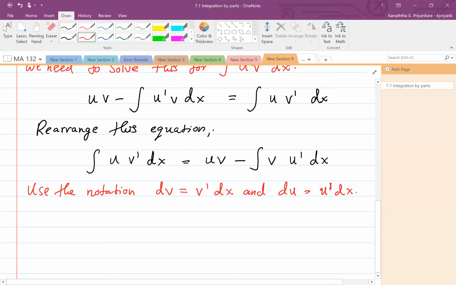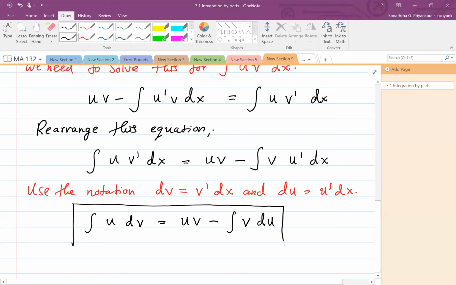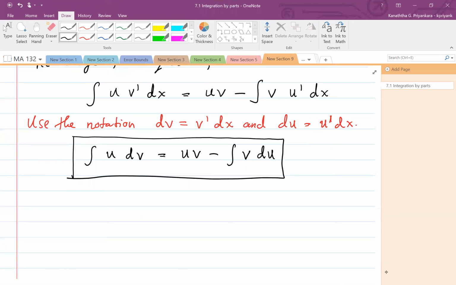So with these notations, I can rewrite the formula. So we have the integral of u, where I replace v prime dx by dv, equals uv minus the integral of v du. So this is the new integral that we have. This is called the integration by parts formula.